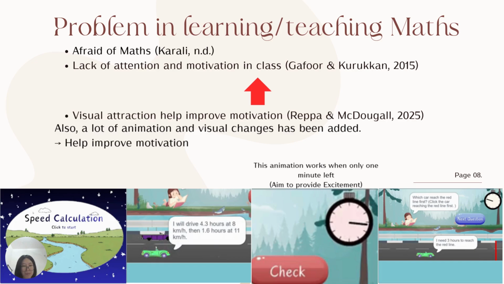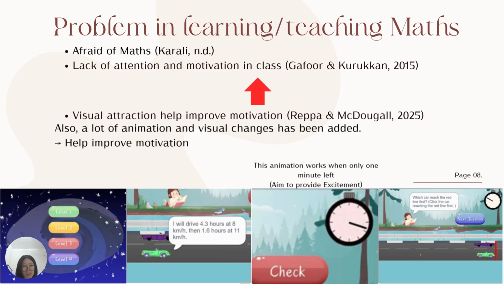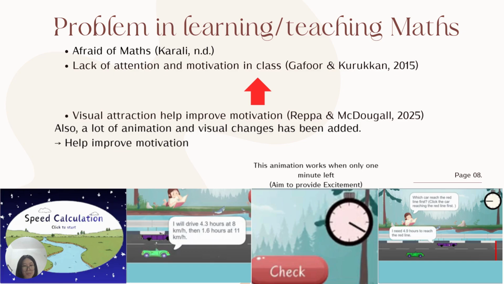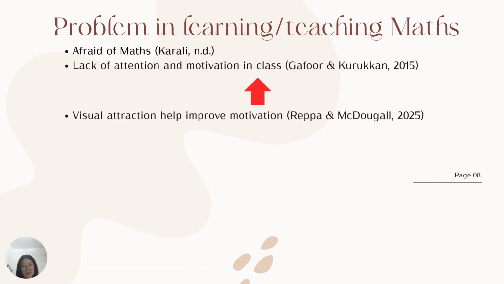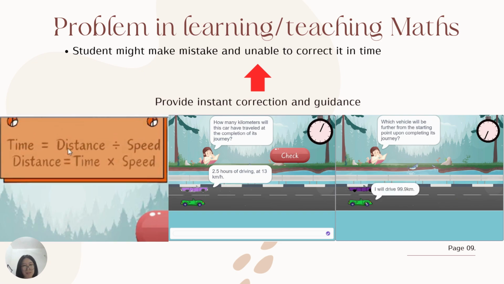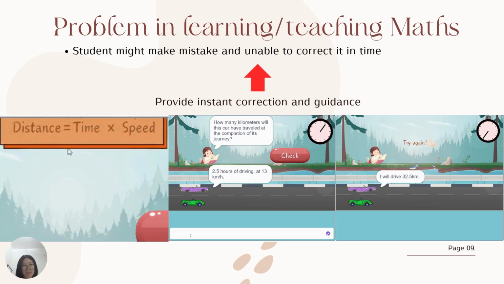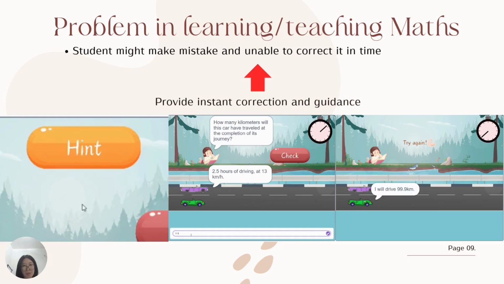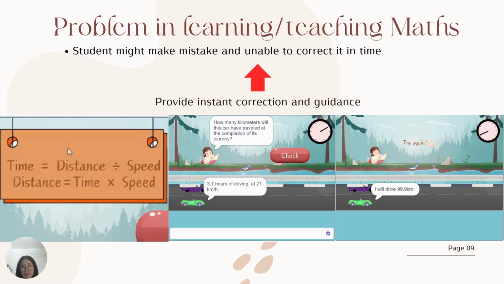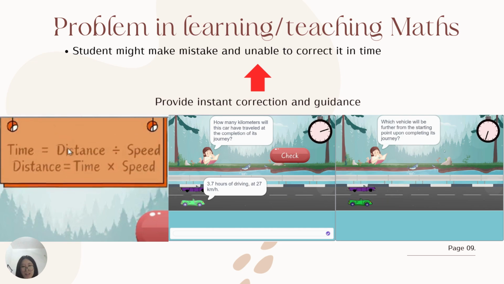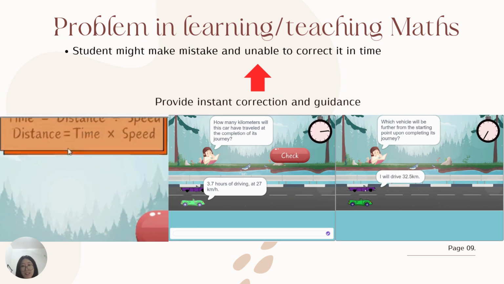Also, I have included more animation to make it more appealing. Sometimes students might make mistakes, and I'm able to correct them in time. In my program, it provides instant correction and guidance.